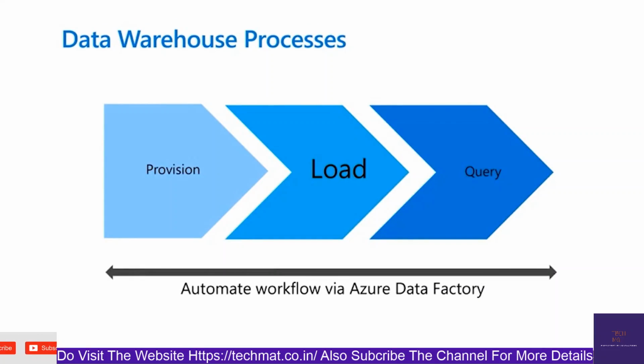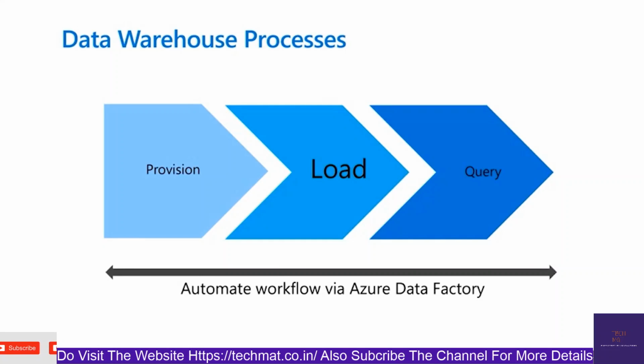The process of working with data warehouse is pretty simple, and it consists of three major phases. The first phase is the provisioning, where we provision the data warehouse or the virtual clusters themselves, where we are creating the data structures we are planning to use, like schemas, like stored procedures, like internal, external tables, views, and so on and so forth, right?